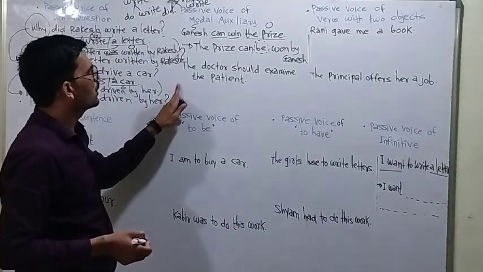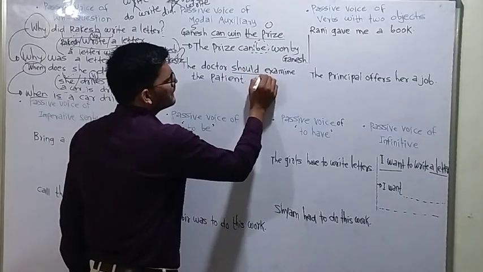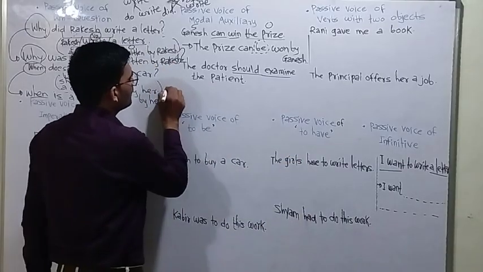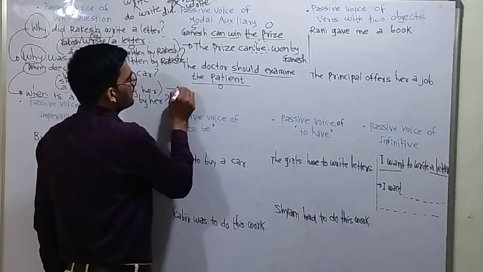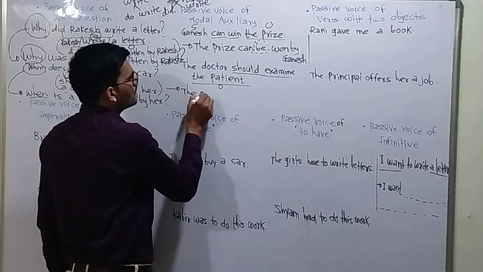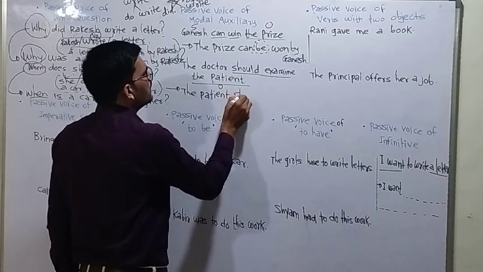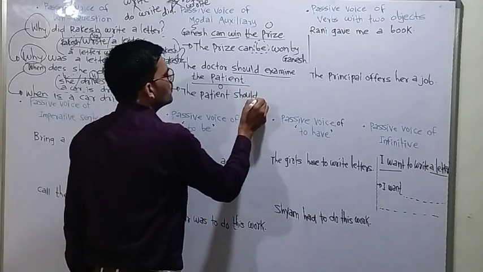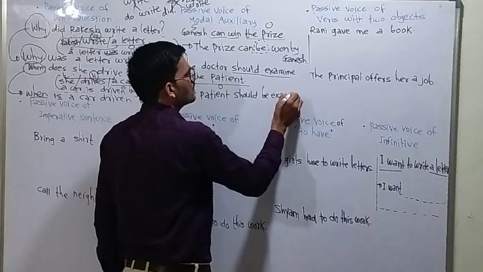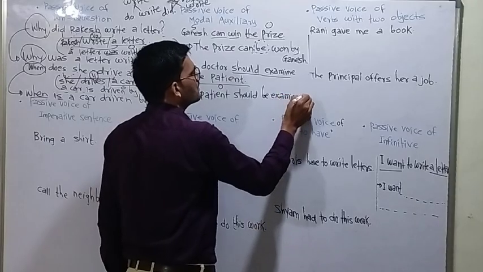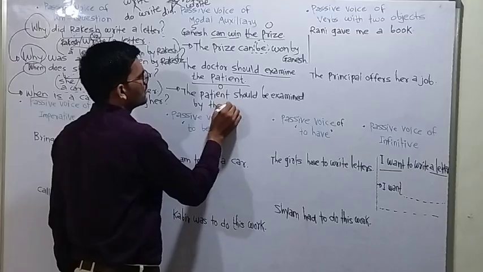Then, the doctor should examine the patient. Should is the modal auxiliary, followed by V1. So we are going to convert. The patient is the object. In this way we convert: the patient should be examined by the doctor.